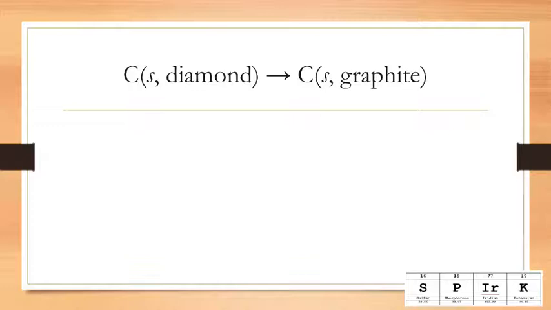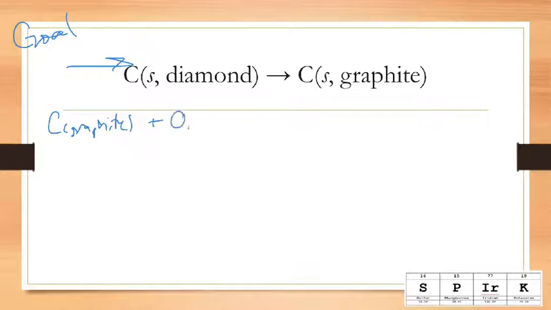So we start by looking at our goal equation. This is what we're trying to get to. We know two of the equations. We know that carbon graphite plus O2 yields CO2, and the delta H of this reaction is negative 393.5 kilojoules.